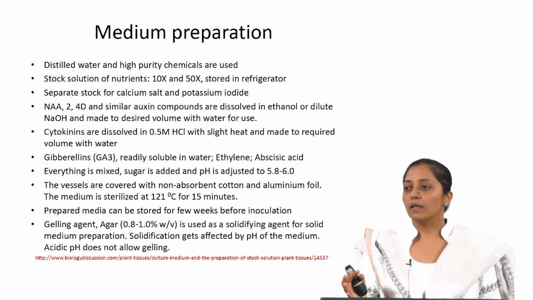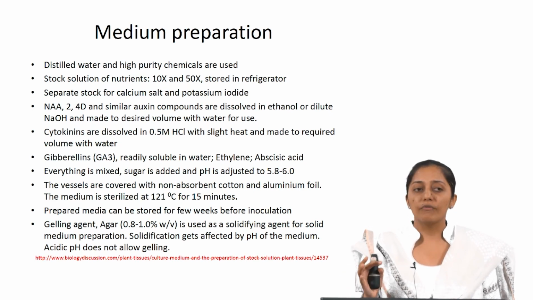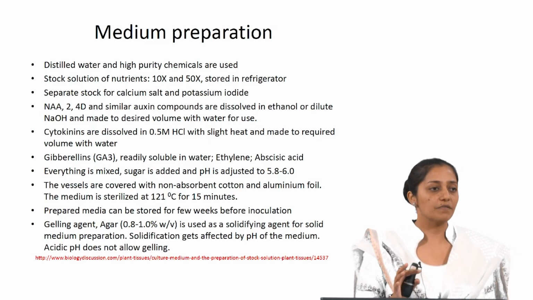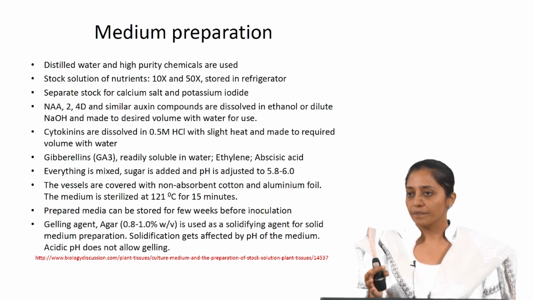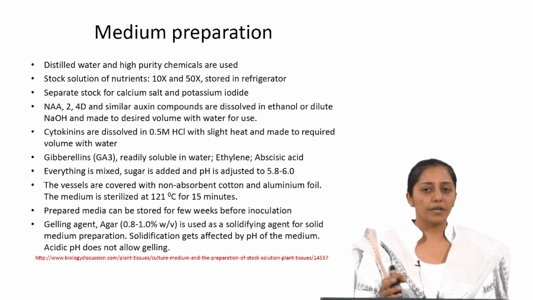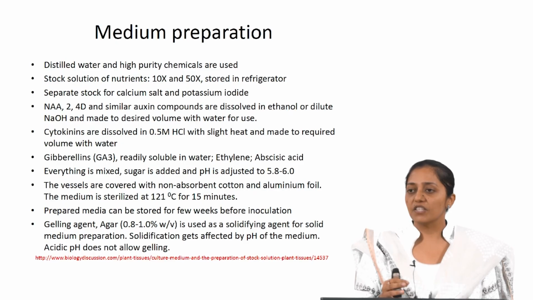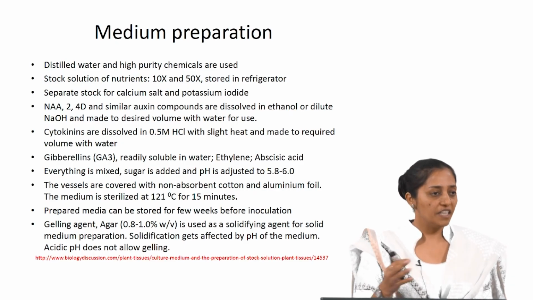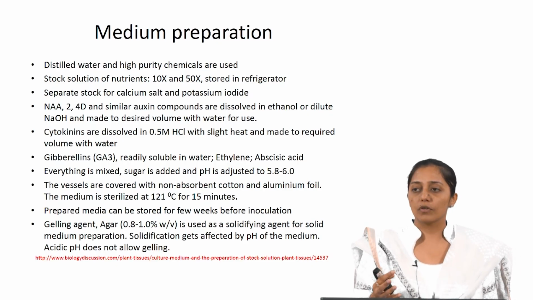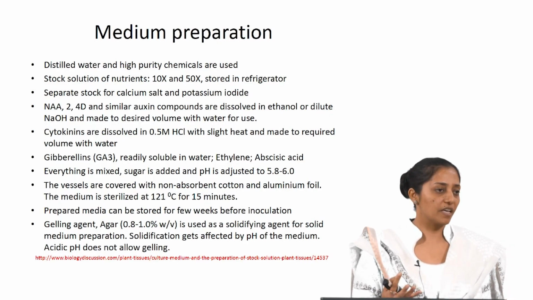Now, in general, plants grow well in a slightly acidic pH, which is around 5.8 to 6. The initial pH of the media is adjusted, and then it is checked after autoclaving, because during autoclaving the pH can get disturbed.